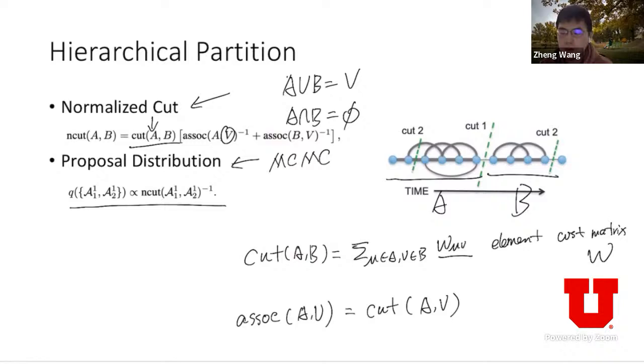The inverse of the normalized cut is proportional to the proposal distribution, because you need to use the Metropolis-Hastings sampling method here. You must have some proposal distribution to draw samples. Okay, but their prior about the partition is uninformative, uniformly distributed.